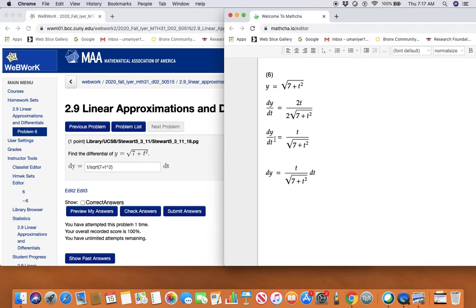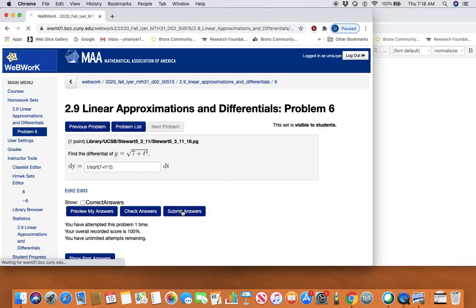So don't confuse this with this. Here it means differential, that is change in time, and this says change in y and approximate change in y, that is dy. Regardless, the function here is going to be the derivative, which is what we have written here.